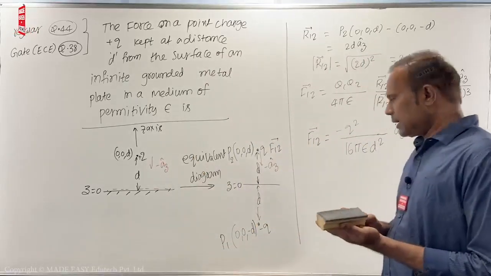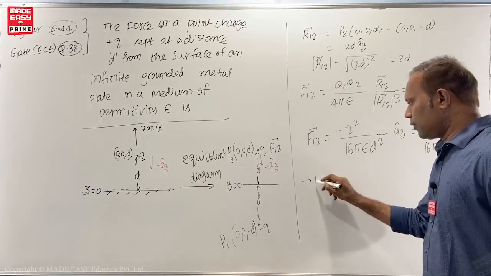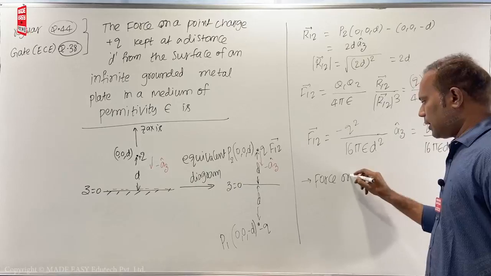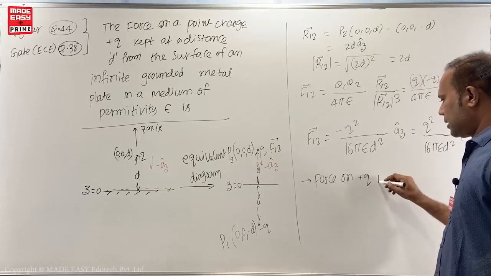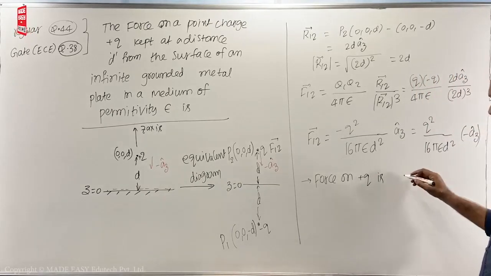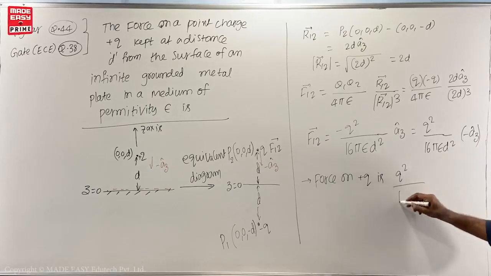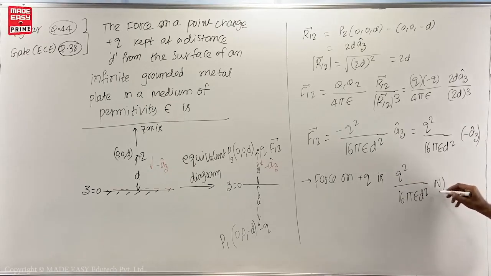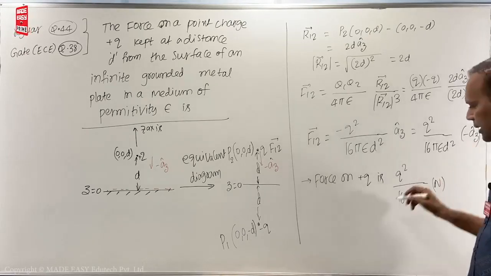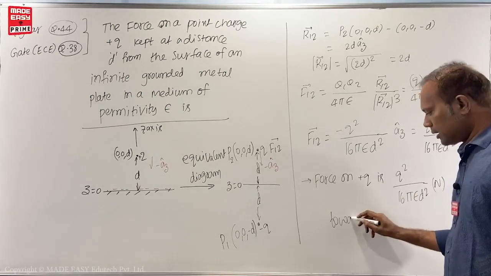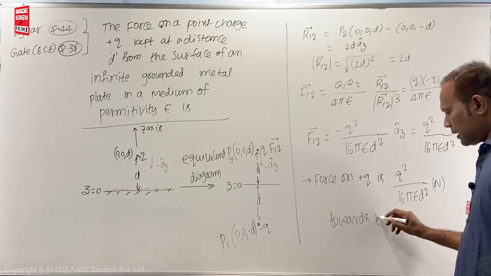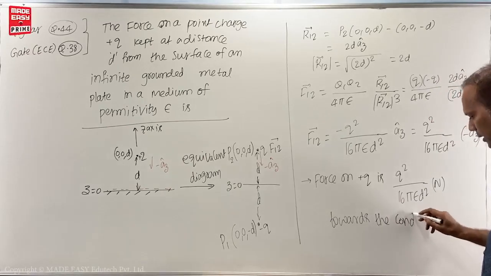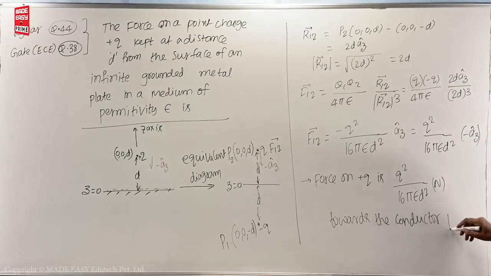So what is the answer? Force on plus q is q square by 16 pi epsilon d square Newton, and direction is towards the conductor, or otherwise metal plate, towards the conductor plate.